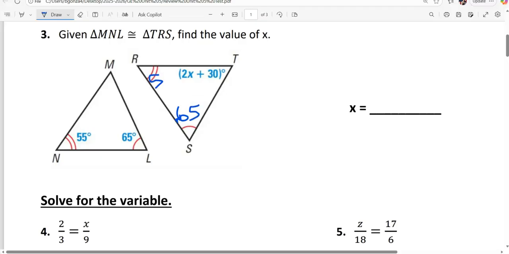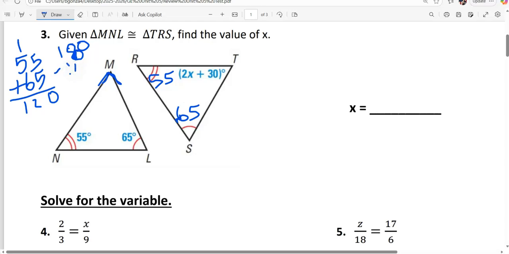Two arcs is 55, 55. Now, we can find this missing third angle because of the triangle sum theorem. The angles add up to 180. So we add up the two angles we know. We get 120. And we subtract that from 180. And we get 60.